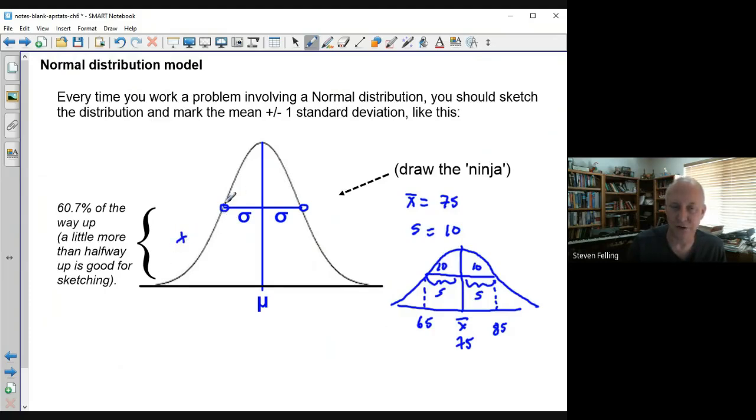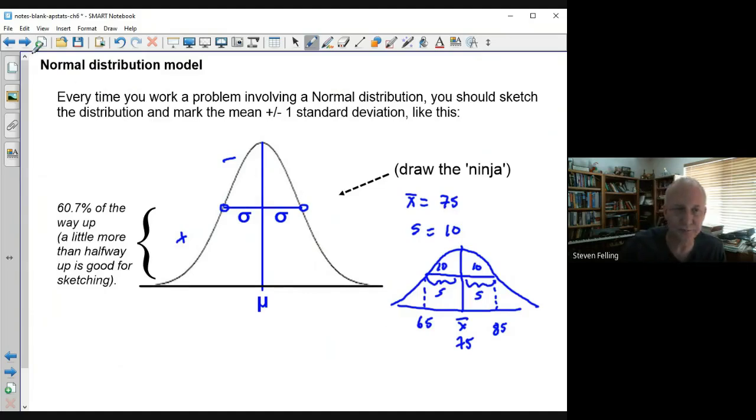And then right here, this switches to curving in a downward way, so that the curvature is negative. Right at that point where it switches from curving up to curving down, this is called the inflection point. And so this line happens to also be from the inflection point to the inflection point. But for most of us, you can just remember, go a little way more than halfway and draw it, and you'll be good.